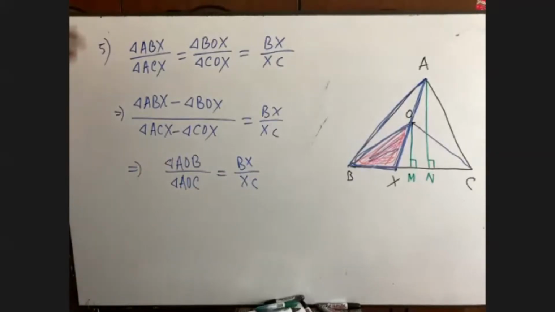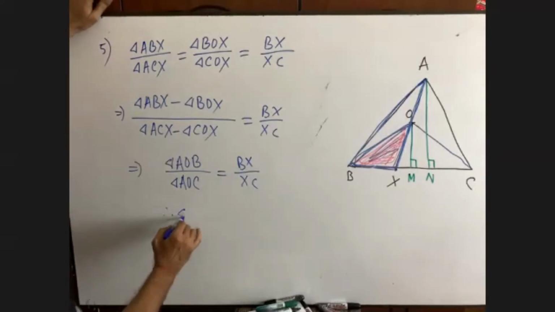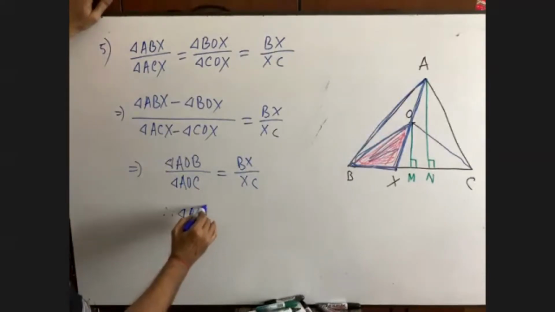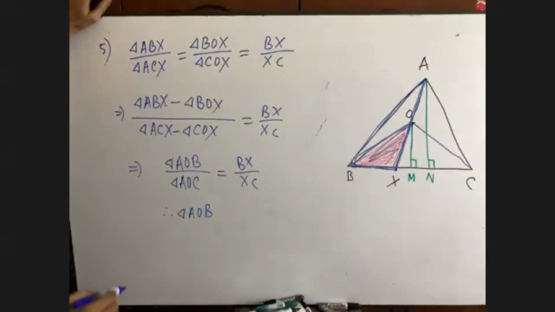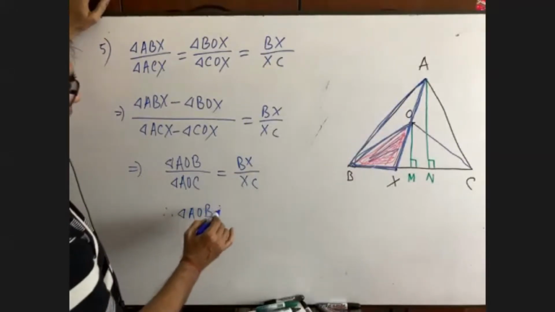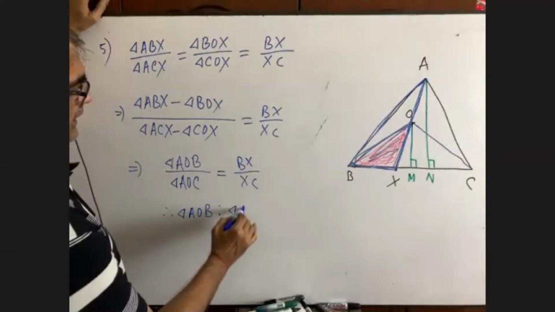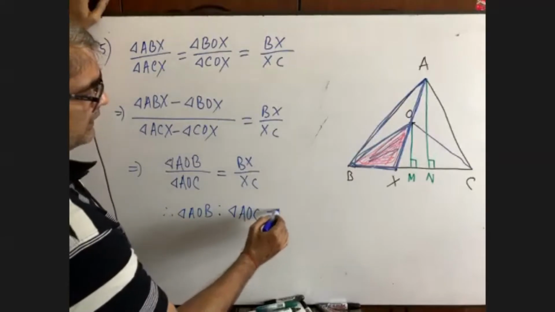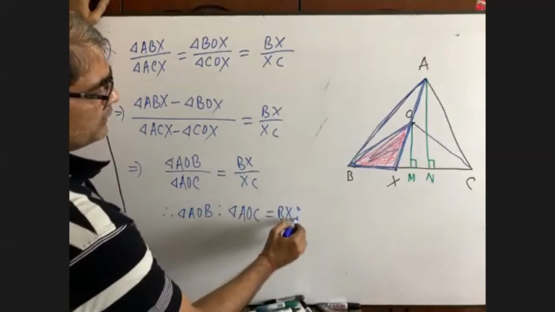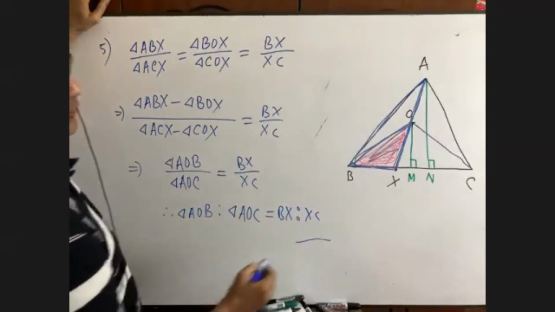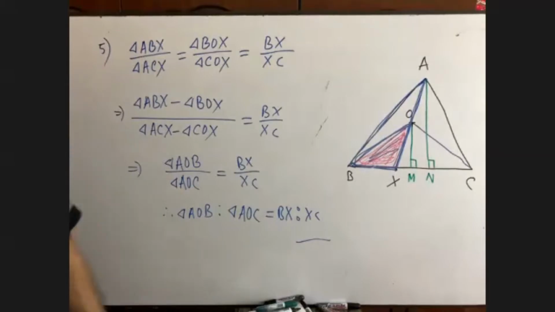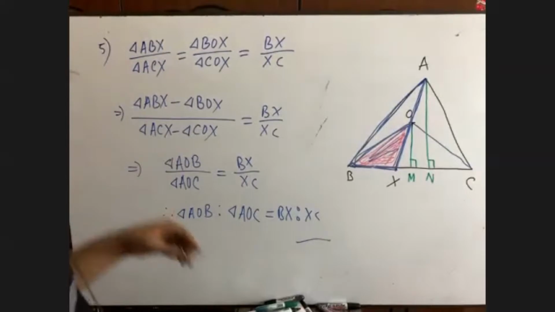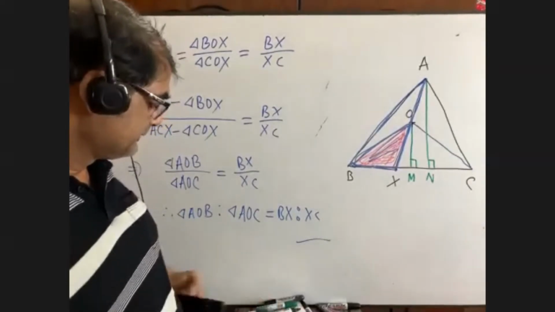Now, can you please remember what was required to prove in the question, that triangle AOB is to triangle AOC is equal to BX is to XC, and we have got it here. Very easy and simple, but most important for the examination, almost in all the exams. Is it okay to all? Done.